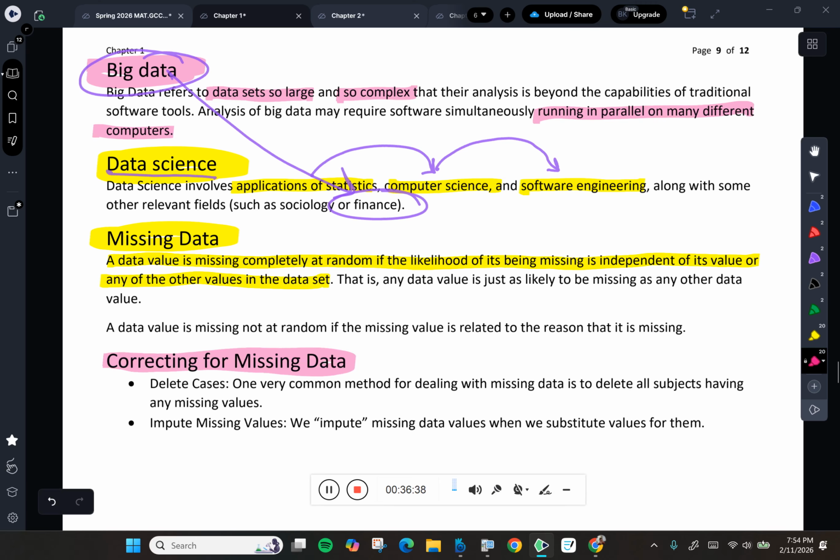Oftentimes what we'll do is just delete people out. So if someone only fills out half a survey and we're missing half of their data, delete them. Other times we will impute missing data values. What we mean by that is we'll take a look at the rest of the data in the data set, and using stats and some prediction software, we will put in data values for that missing data.